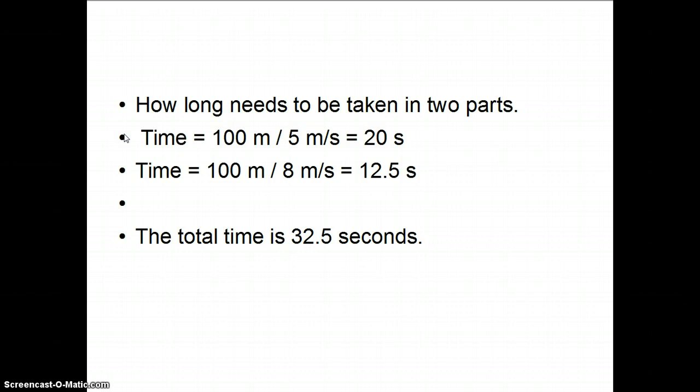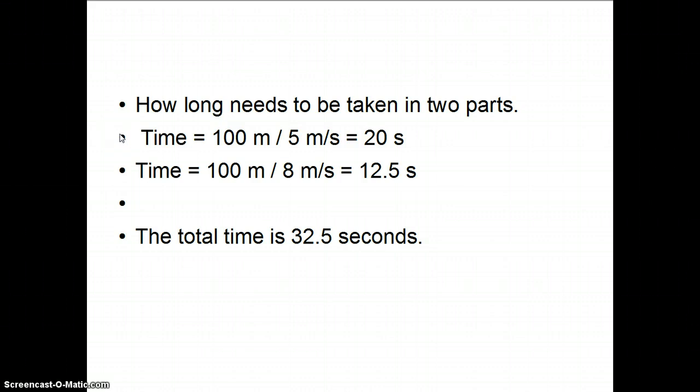So 100 meters divided by 5 meters per second means it would take us 20 seconds to cover that first segment. 100 meters divided by 8 meters per second gives us 12.5 seconds. And therefore, the total time that elapses is 32.5 seconds.